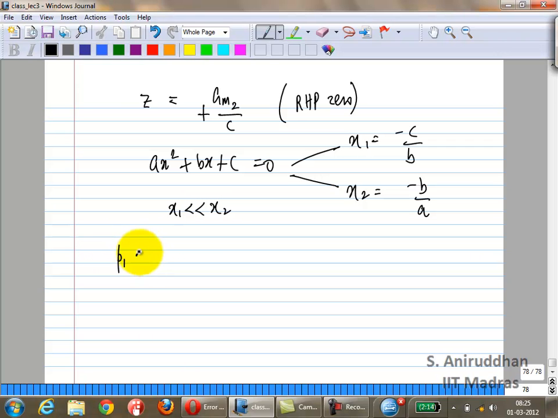So in this case we can write P1 and P2. What is this?